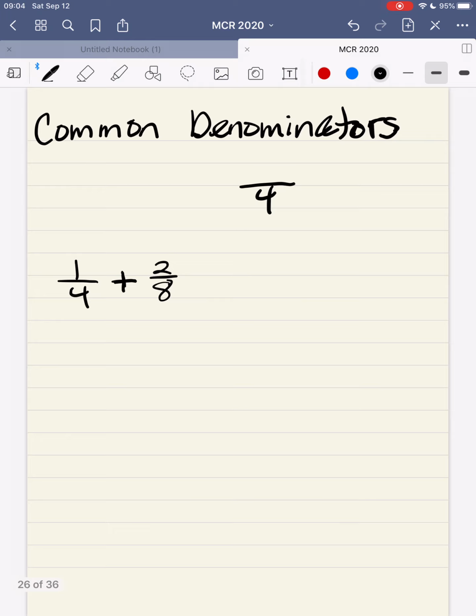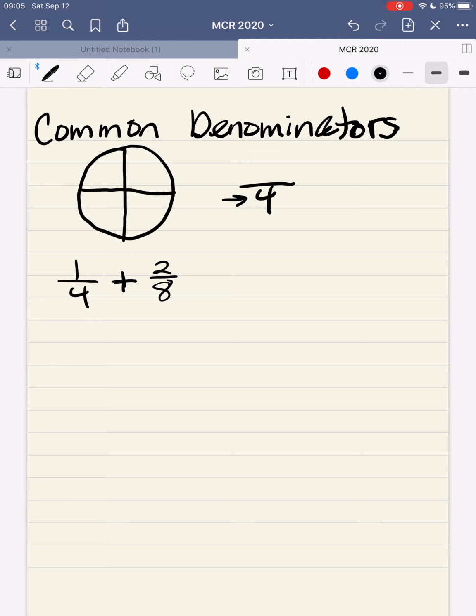Okay. Now when we're talking about this idea of common denominators, if they're already there, we just take care of it. But sometimes we have to create our common denominators because we don't have them to start off with. So what you want to think about your denominator as being is, let's say I take a pizza, and my denominator is going to represent my number of slices.